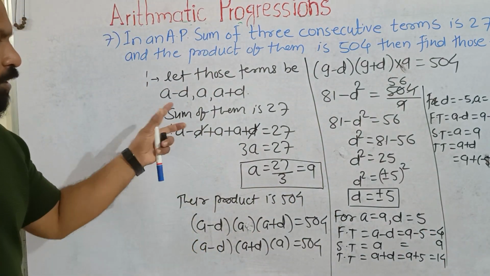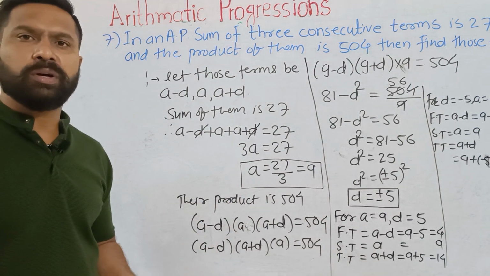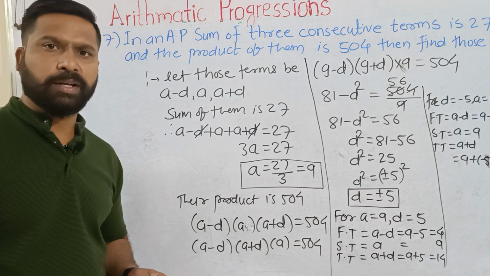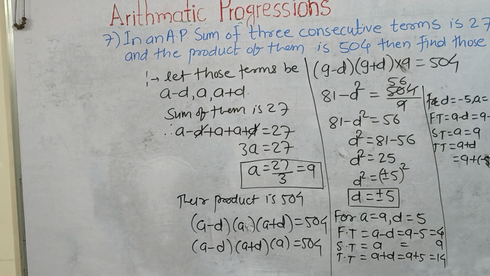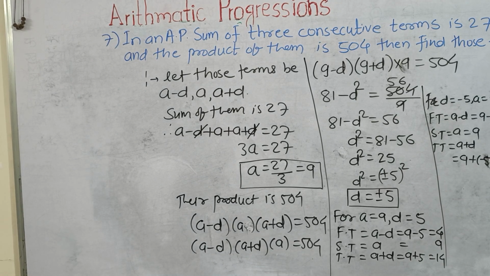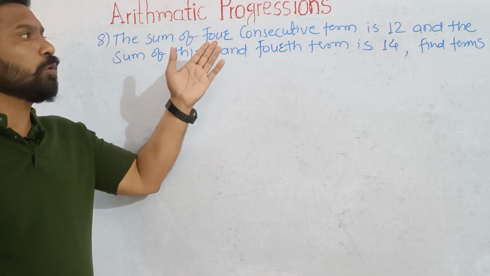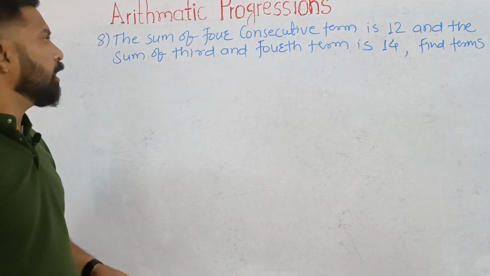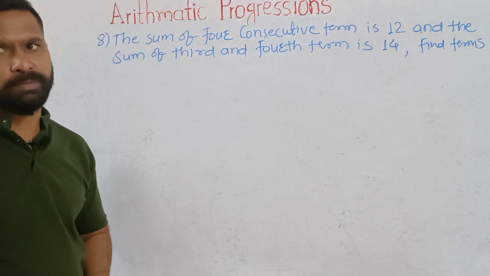This is all about it. Now, observe this question. If there is any difficulty, watch the whole video again. No issue about it. Okay? In the 8th question, they are saying the sum of 4 consecutive terms is 12 and the sum of the third and fourth terms is 14. Then find those terms.